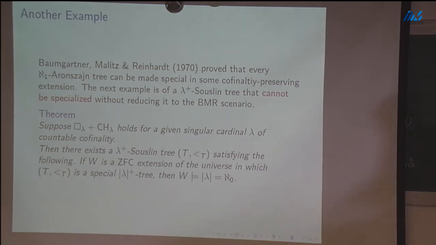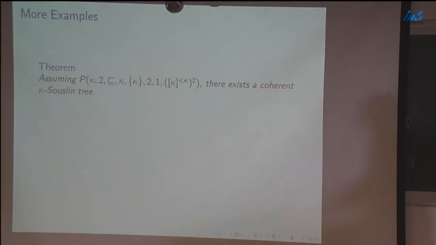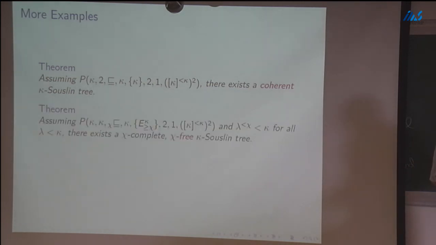A couple of other things, I'm not necessarily going to define all the terms here, but assuming this version of the proxy principle with these parameters, we can get a coherent Kappa Souslin tree, and assuming another version with slightly different parameters, we can get a free Souslin tree.